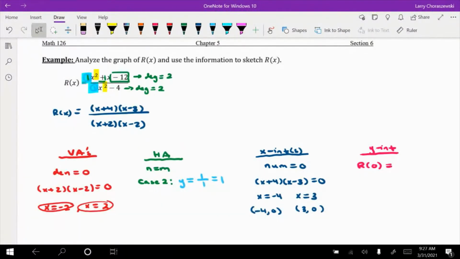If we plug it into the standard form version, the numerator gets a couple of terms that zero out, and the denominator gets a term that zeroes out. And this will lead us to -12 over -4, which gives us 3. So as an ordered pair, the y-intercept would be (0, 3).